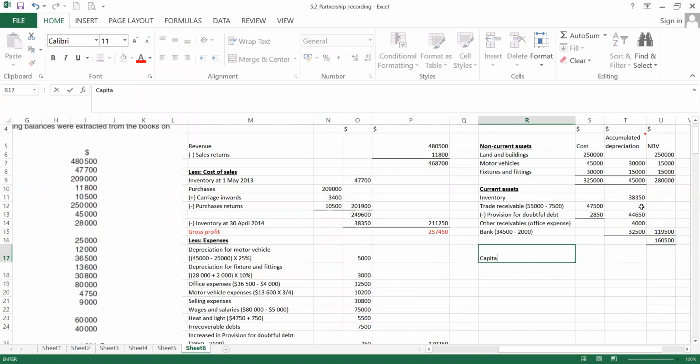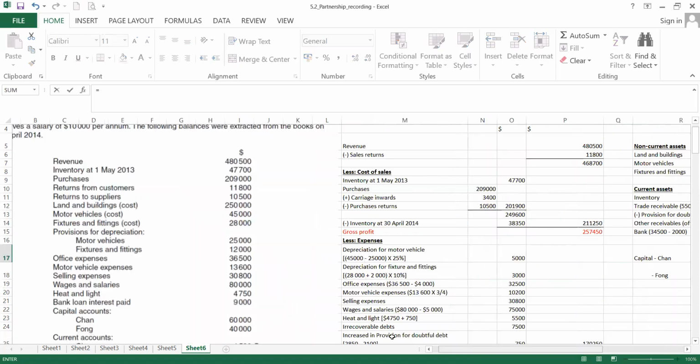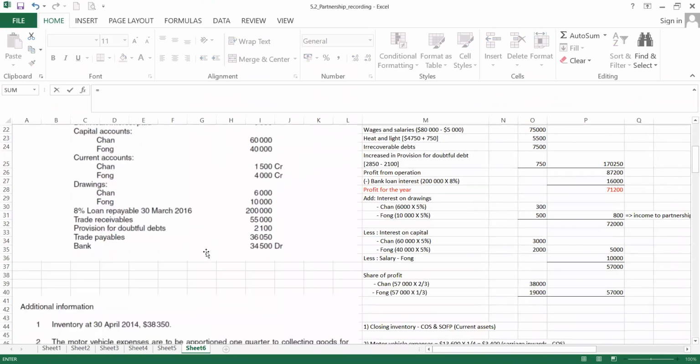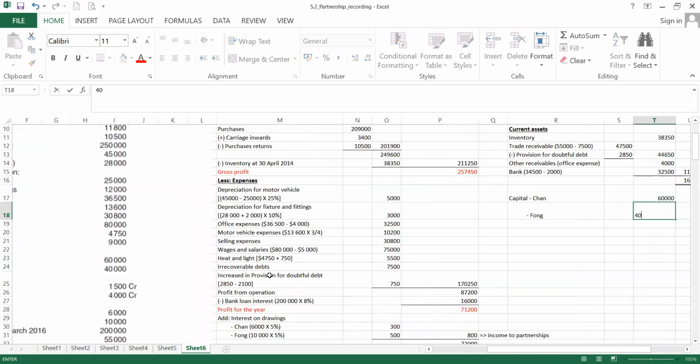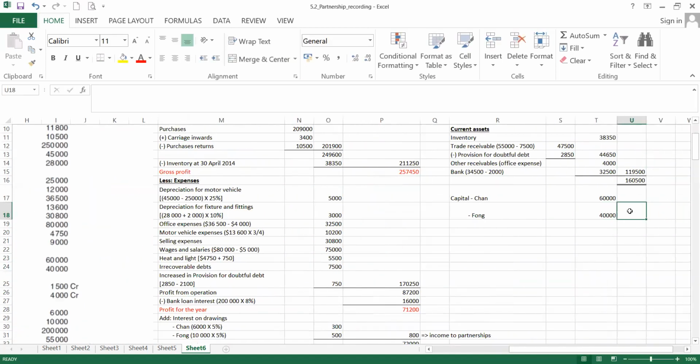Now, capital section. Our capital section has two partners, one is Chan, one is Fong. This is the old format because they gave us the current account and asked us to prepare the current account, so we use the old format to prepare it. Our capital account for Chan is 60,000 and Fong is 40,000. This total adds up to 100.